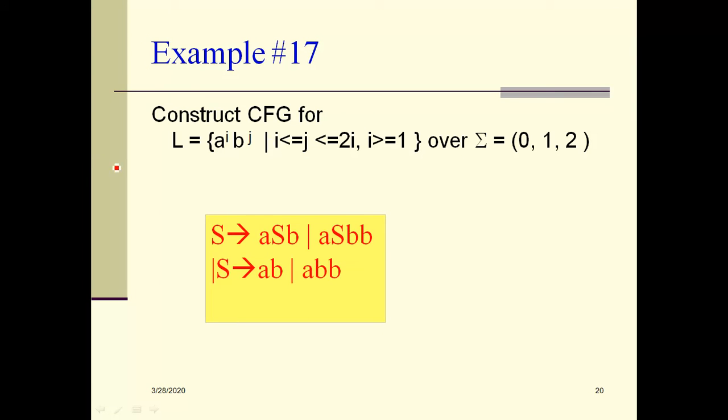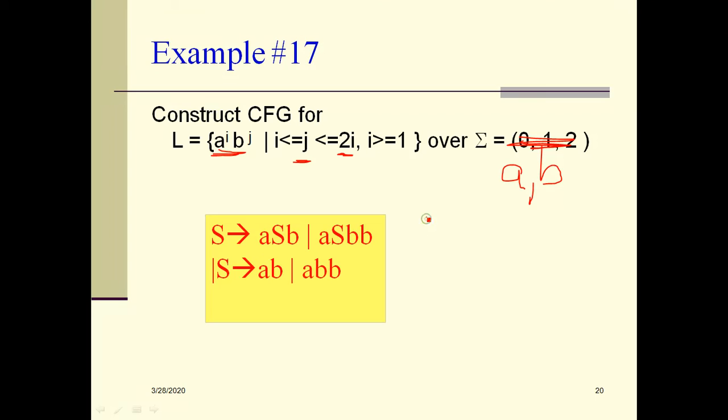Now consider this question. A raised to power i and B raised to power j. Something is wrong with this; this is not over all A, this is simply A comma B, right? So clearly the answer is given: the number of j is less than or equal to 2i, meaning the number of B is at maximum 2 times the number of A, and i is at least 1.